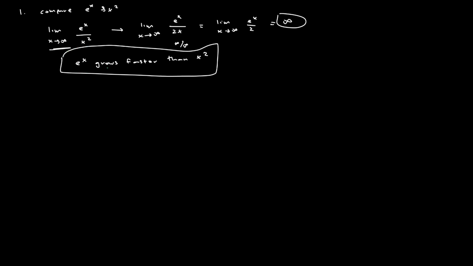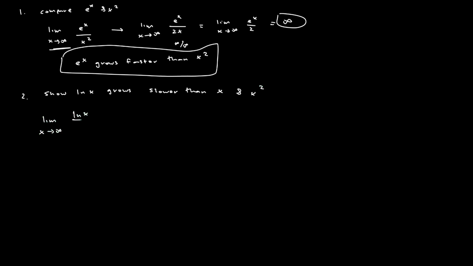Let's work on a second example. Show ln x grows slower than x and x squared. So limit as x tends to infinity of ln x divided by x.